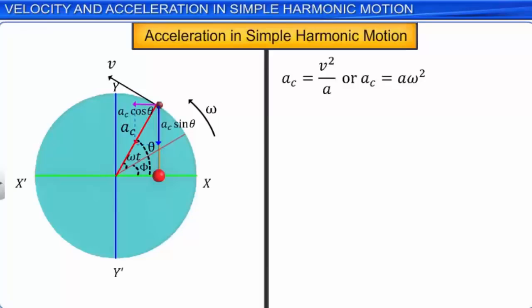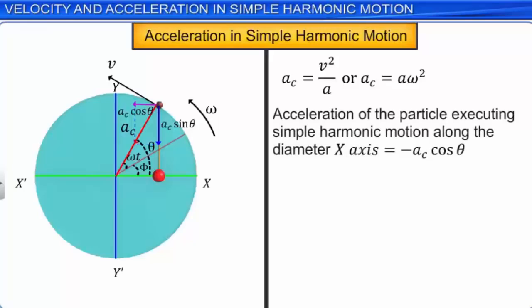If the initial phase phi is equal to 0, the acceleration of the projection, which is executing simple harmonic motion along the diameter along the x-axis, is equal to minus AC cos theta, since this component is directed opposite to the positive x-axis.